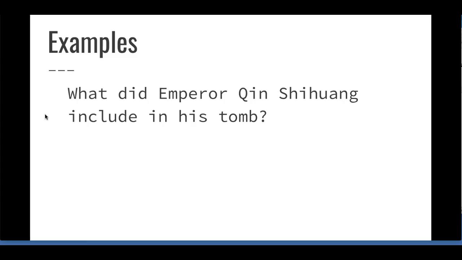So the main idea is you're trying to figure out what the what is, right? So this is going to be the answer. And what we first want to say is the emperor, and you can write out his whole name, or you can just write the emperor included blah blah blah in his tomb. That will give us subject and verb agreement to write a complete sentence.